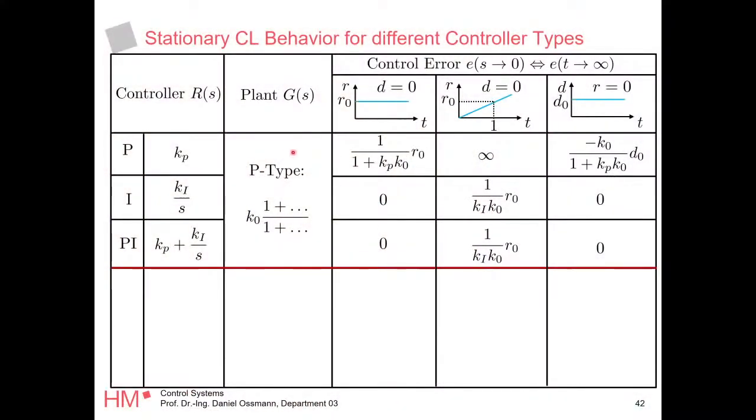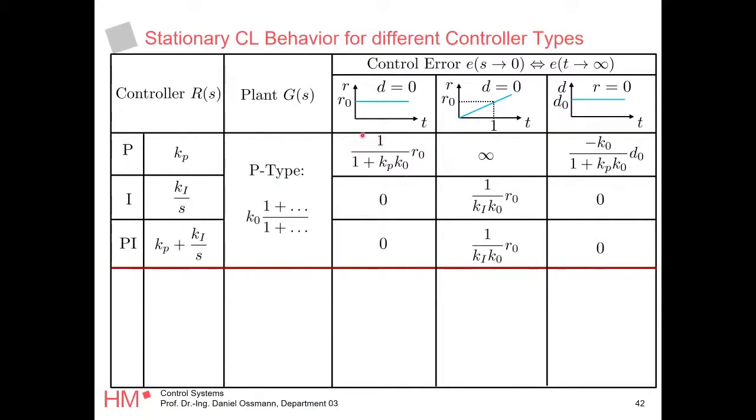Okay, we have these 3 different controllers, and we know our system is a proportional system. This first column tells you something about the complementary sensitivity, so what happens with our reference tracking? We know if we have an integral element, the reference tracking is perfect. This is what we see here. For the proportional controller, it's not perfect.